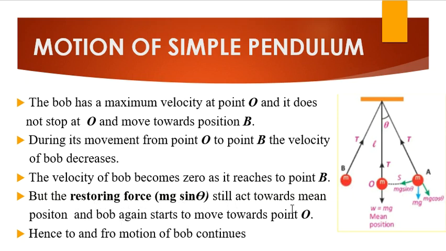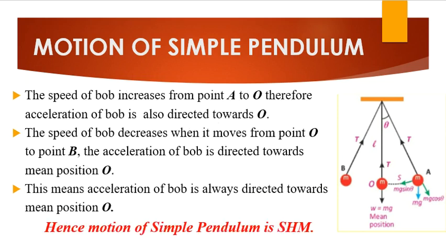Therefore the bob again starts to move from position B to position O. Hence there is a continuous to and fro motion of the bob from position B to position O, then A, and then again it comes back towards position B, and this continues. So our bob continues the to and fro motion about the mean position O.